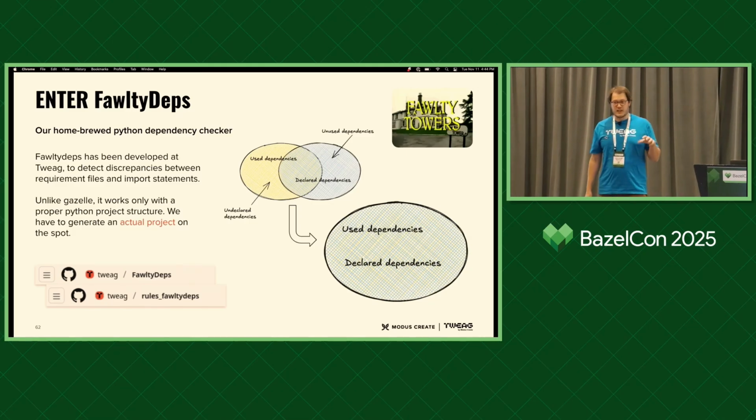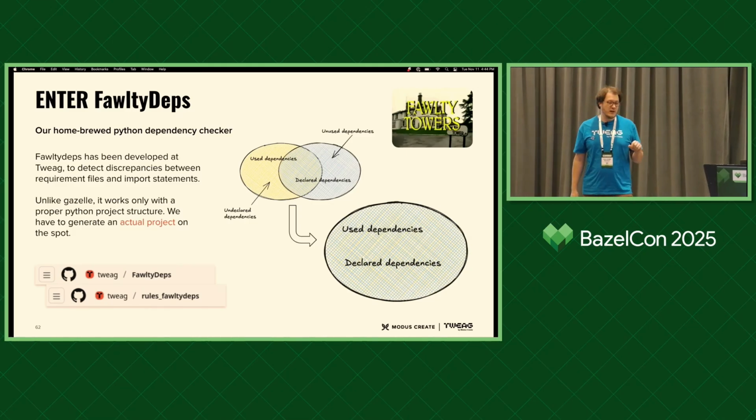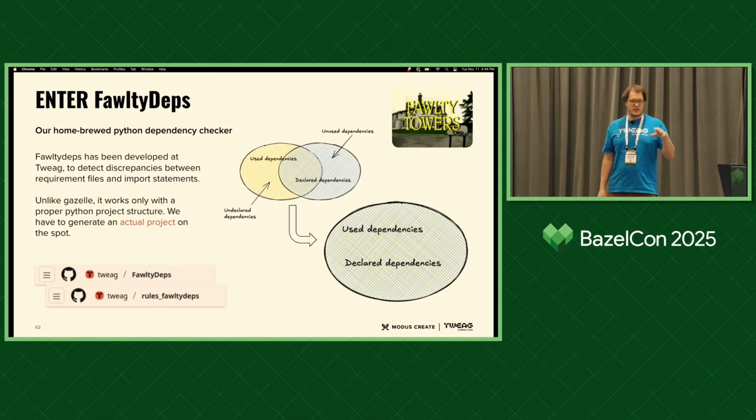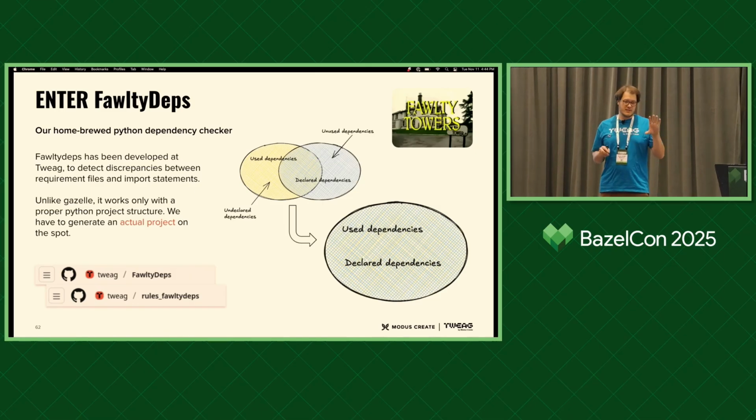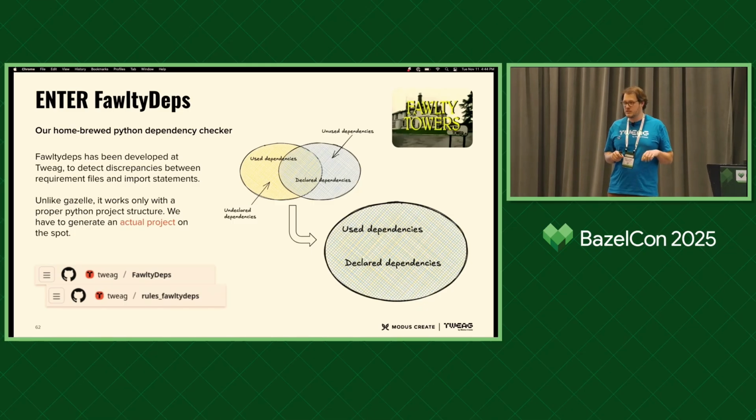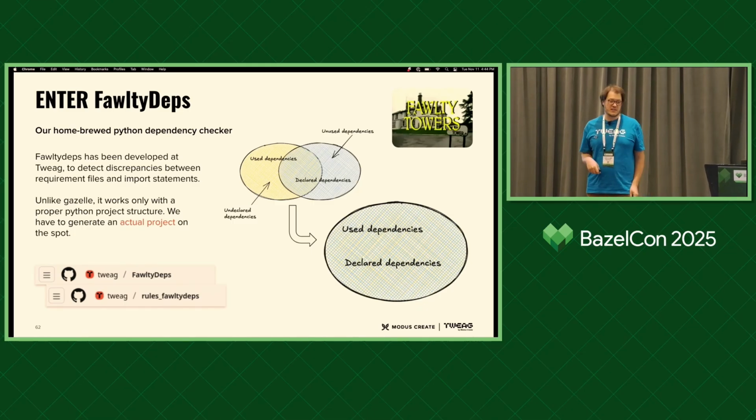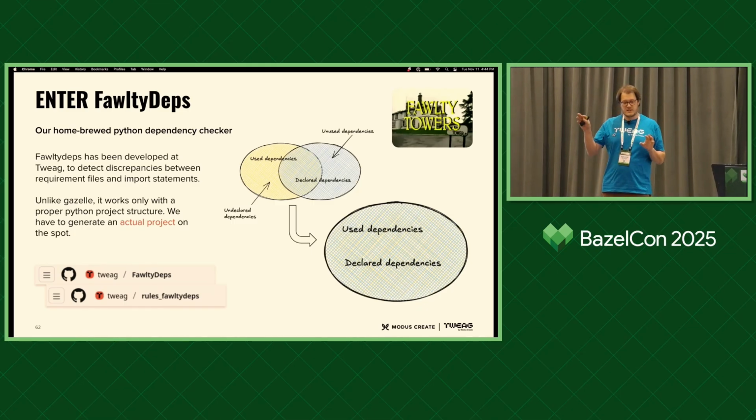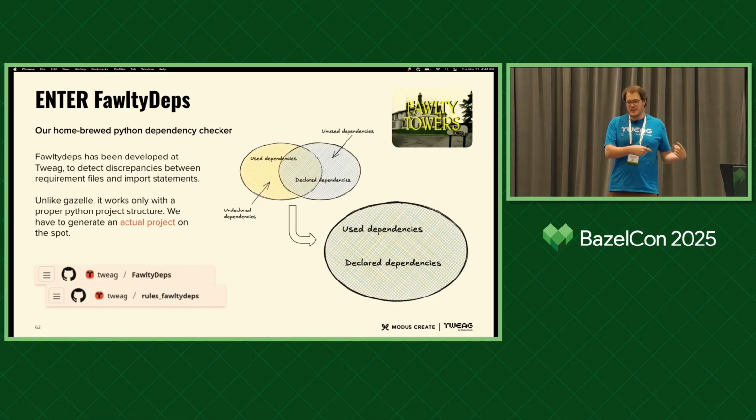And it turns out, at Tweag, another team was developing Fawltydeps, a tool that takes a Python project, looks for all the import statements, and sees if they match the requirements.txt or whatever project file you have. It tells you the discrepancies: things that you declare as dependencies but you don't actually use in your import statements, and things that you import but that you don't declare as dependencies.